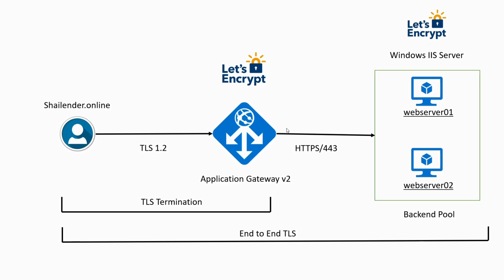On application gateway, we made changes in the listener, backend setting, and the application gateway rules, where we provided the certificate and made changes according to protocol HTTPS. Because the certificate was generated for shailendra.online, when we open shailendra.online using the HTTPS protocol in the browser, the connection is secure end-to-end from the browser till the web server. So that's all for this video.